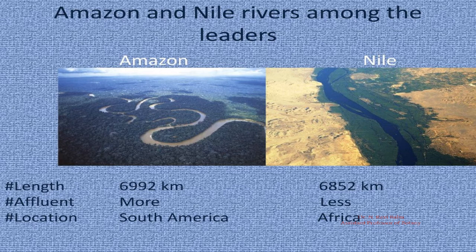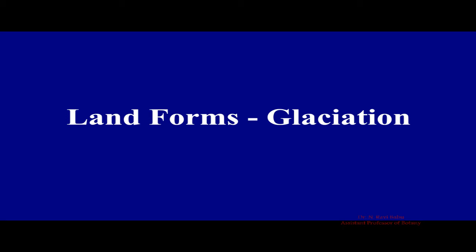Friends, I think it's enough for us to do with the landforms of running water, right? And now let us take up the landforms of glaciation, dear friends. Before moving into our main discussion, I should give you some insights regarding what glaciation or what glacier literally means, right?